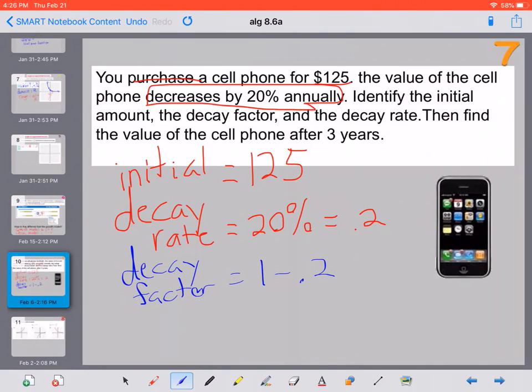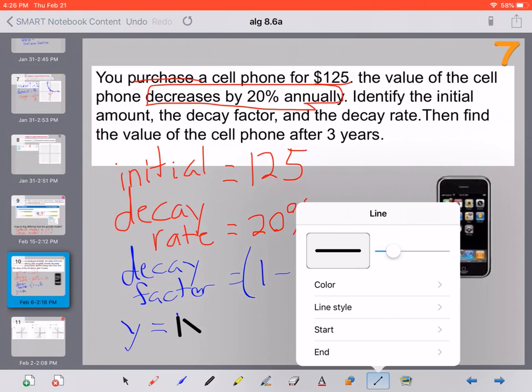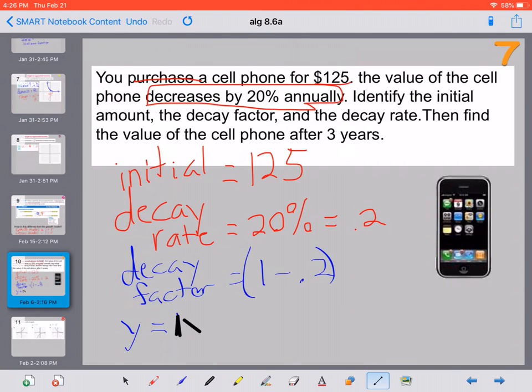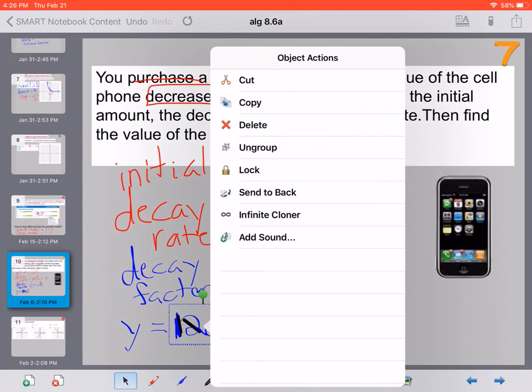So if we write this into our equation, we have y equals our initial amount A, 125. Oh, hold on a second here. Let me see if I can delete this here.